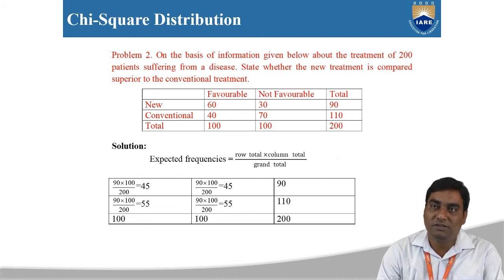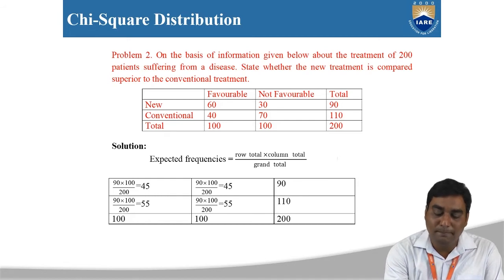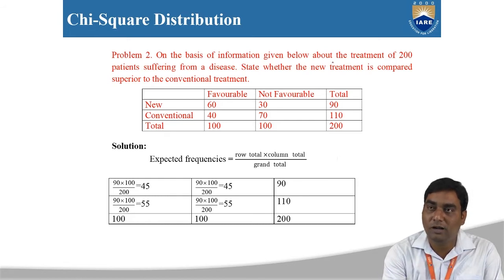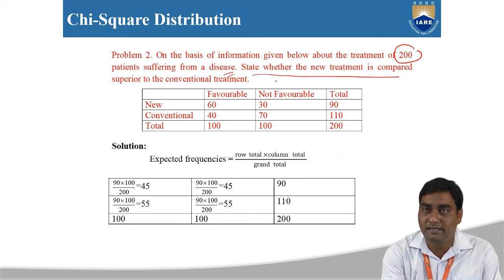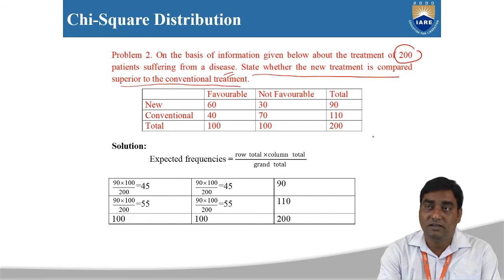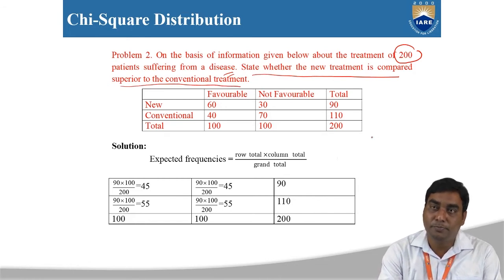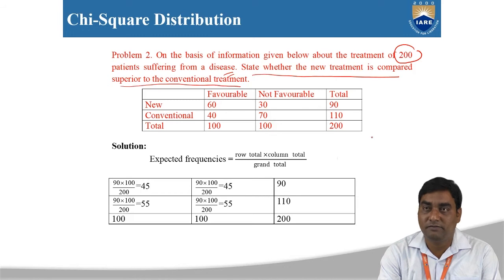The description of the problem is: on the basis of information given below about the treatment of 200 patients suffering from a disease, we have to test whether the new treatment is superior to the conventional treatment.